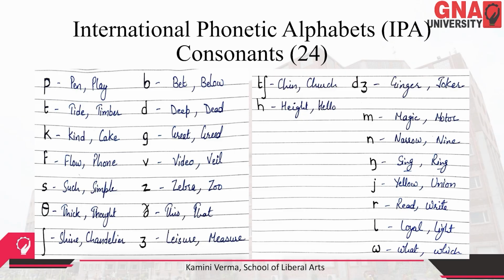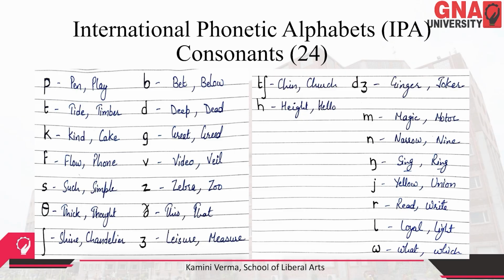Moving ahead with the next one, that is M. M as in major, M as in might, M as in magic, M as in motor. Next one for us is the N sound.